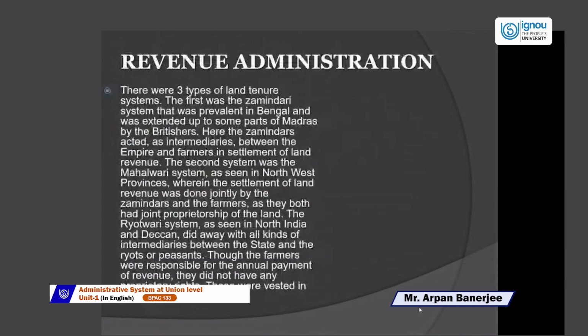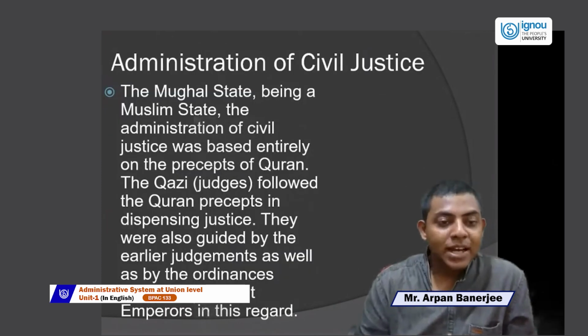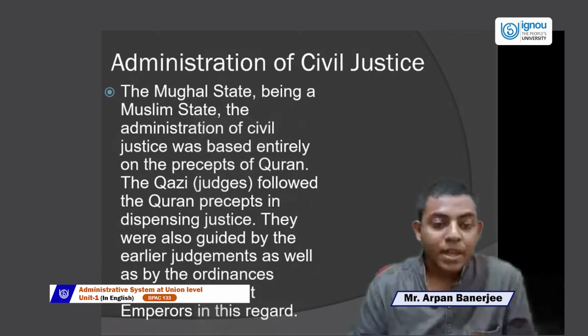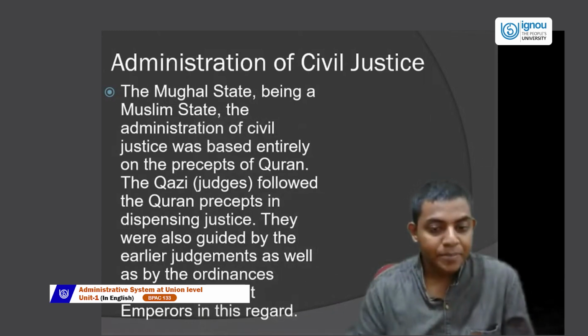Now, if we see the administration of civil justice, the Mughal Empire was a Muslim state, an Islamic state, and the administration of civil justice was based entirely on the precepts of the Quran. And the Qazis or the judges followed the Quran precepts in dispensing justice.